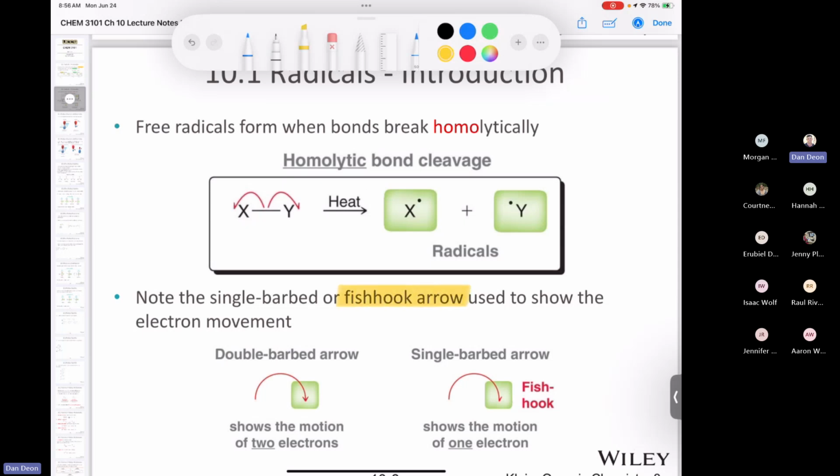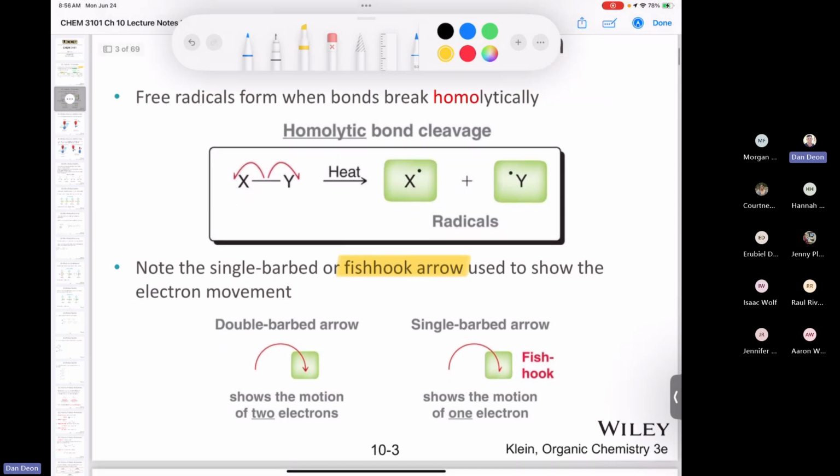And they show the movement of just one electron. Now, again, for all of our mechanisms that we've been drawing up to this point, we always used a double-barbed arrow, which showed the motion of two electrons. But now we're going to be talking about fishhook arrows in this chapter. Another time you would have seen these fishhooks was when we looked at alpha cleavage in mass spec.